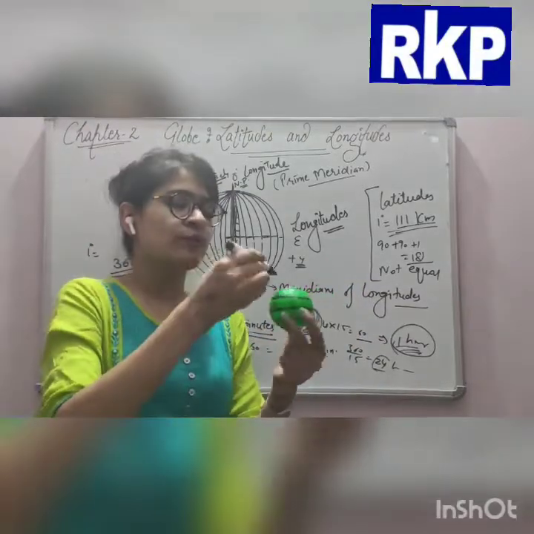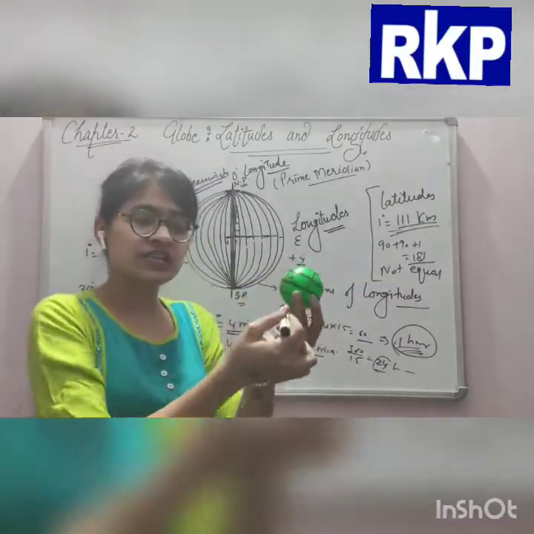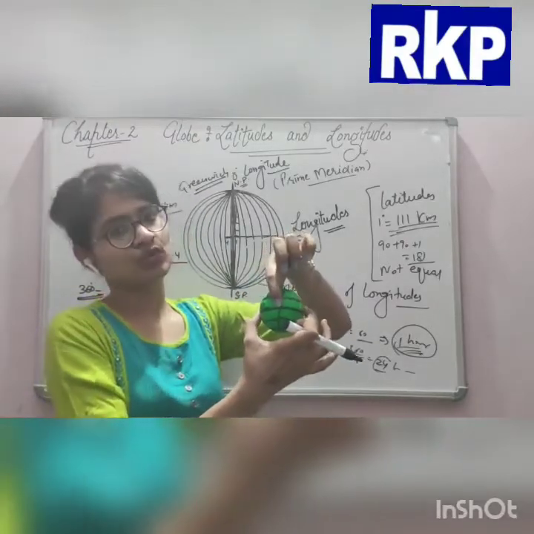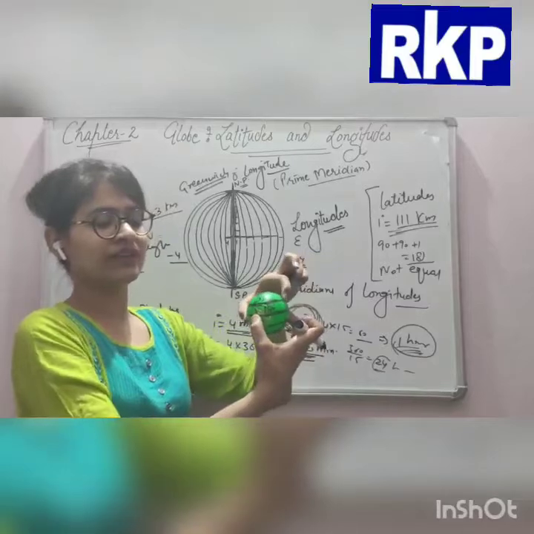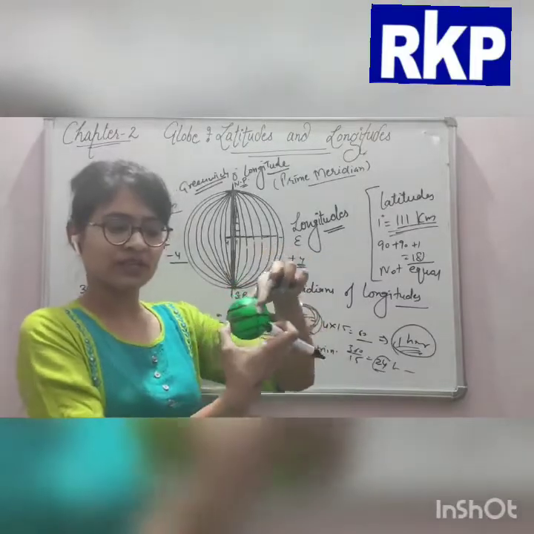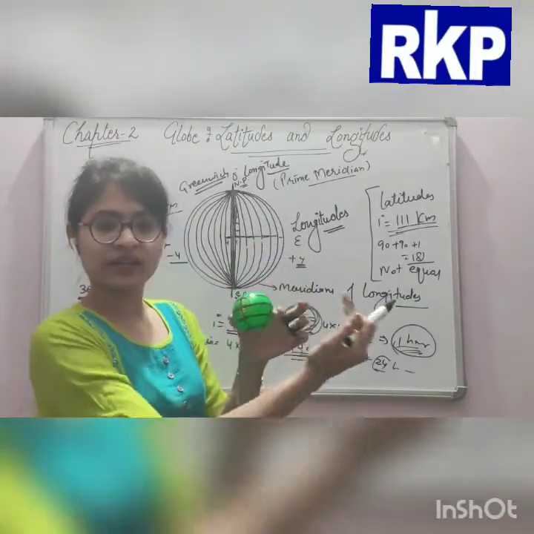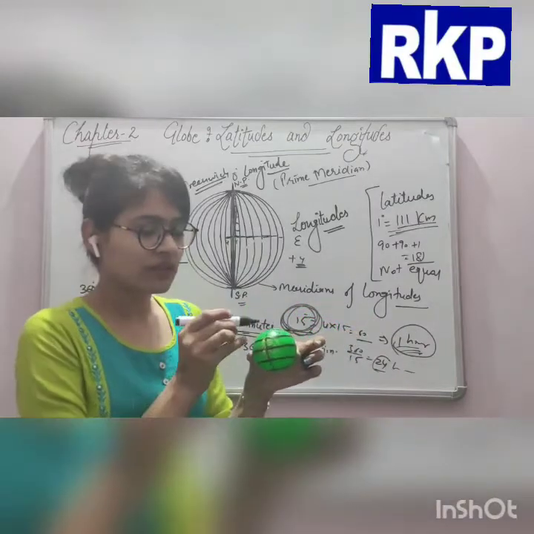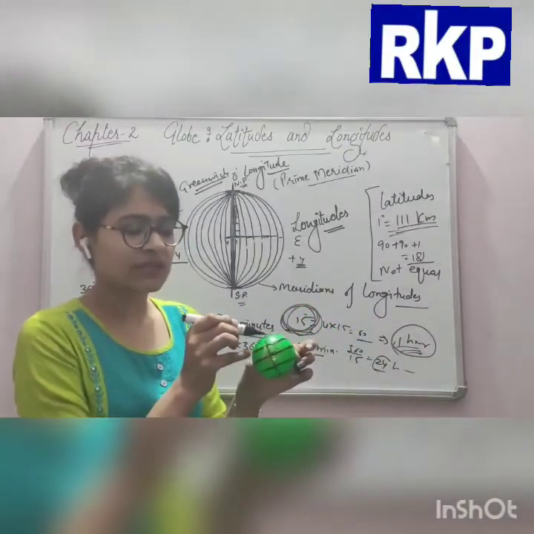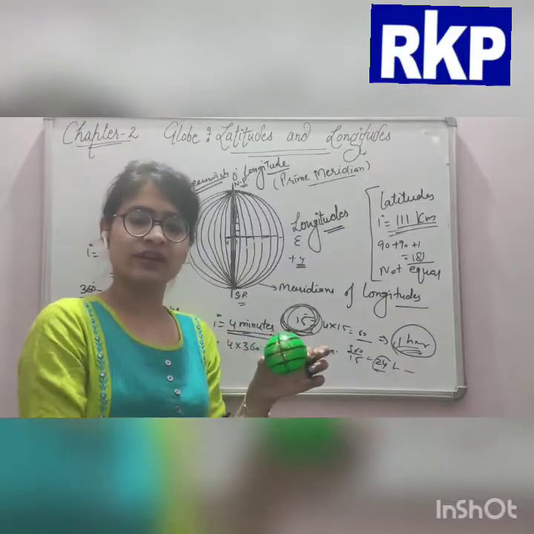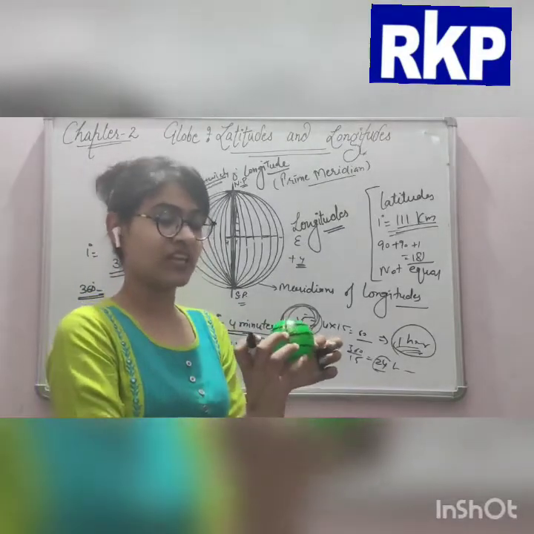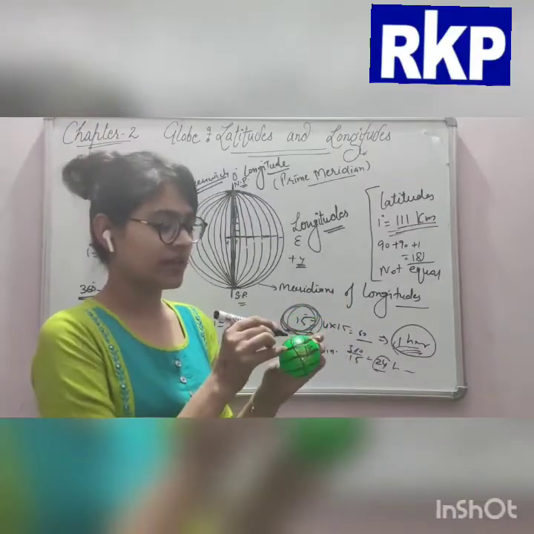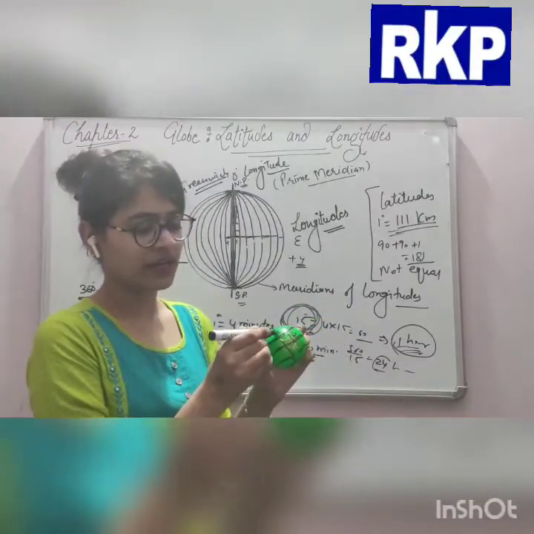So the prime meridian and the international date line together divide the earth into two parts. First will be the eastern hemisphere and next will be the western hemisphere. This is where we started measuring our time, but the actual line from where we started measuring our time is the international date line.